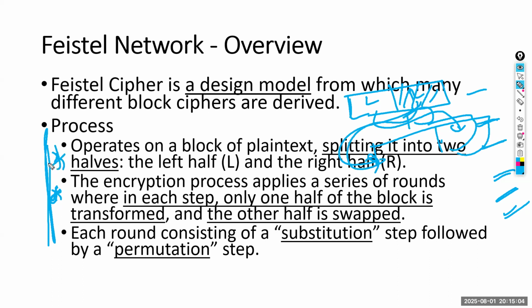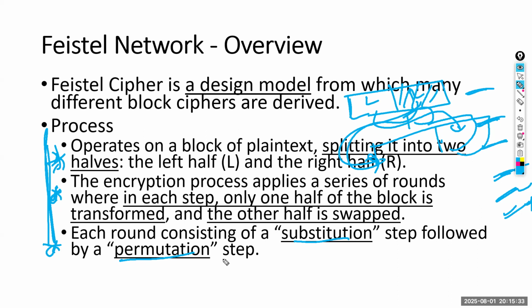Okay, so that is your second property. And the third property is that in each round, we do both substitution and permutation. I told you that most of the algorithms use both substitution and permutation because that is better than just doing substitution. Now remember, one of the drawbacks of the Caesar cipher is that it's only substitution.